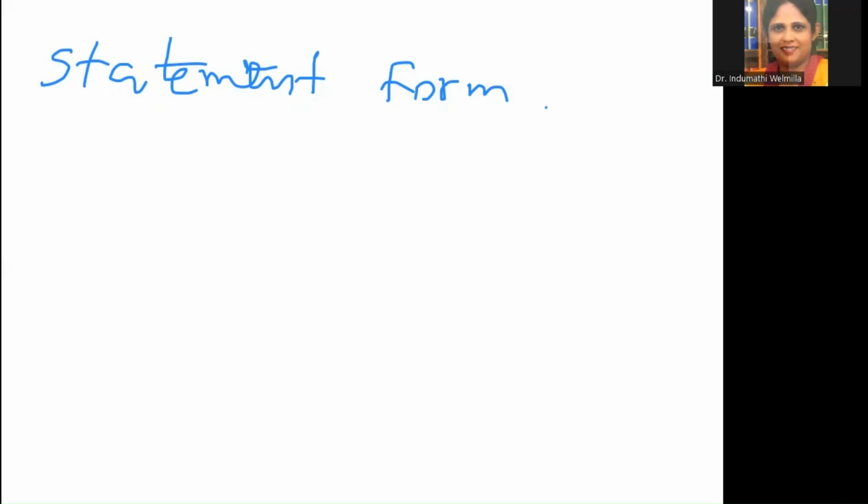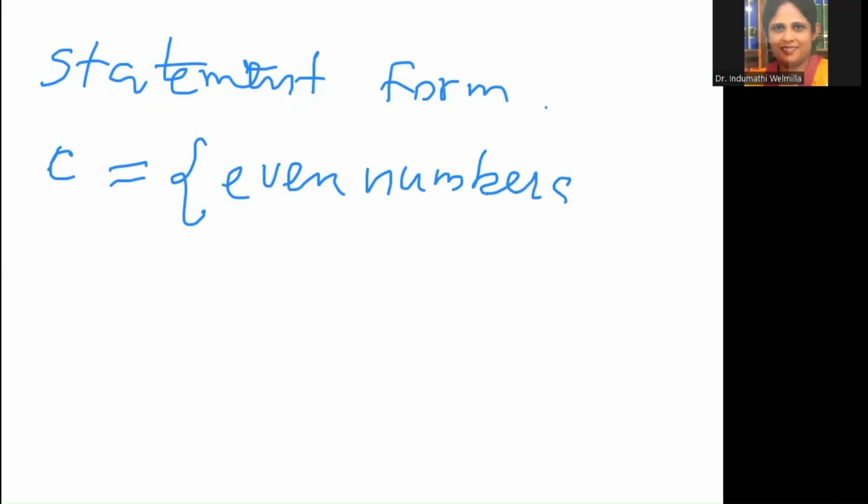In statement form, it can be written as C equals {even numbers less than 15}. So that is the example for statement form. The statement notation describes, by a statement, what the elements of a set are. Okay, so that is another method.